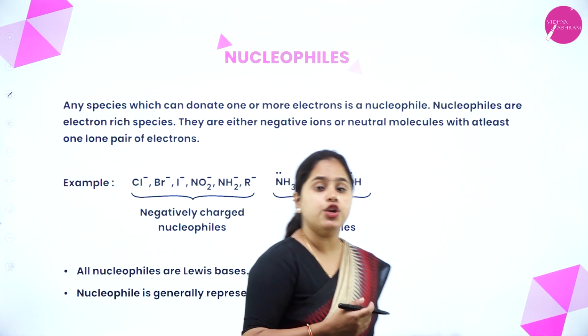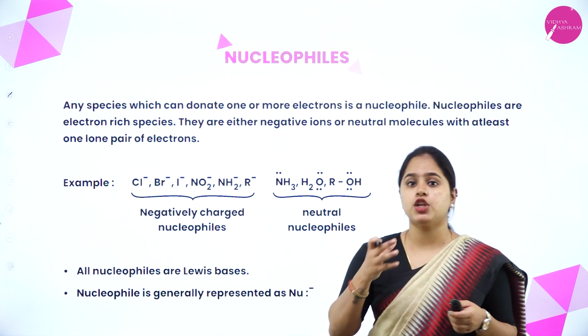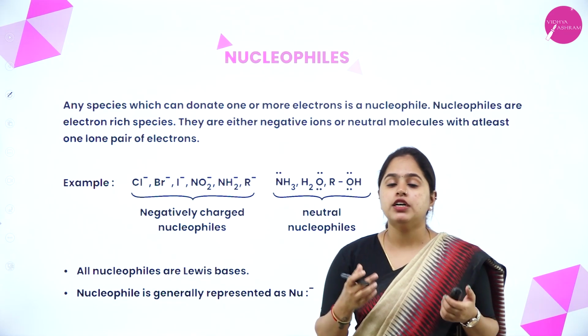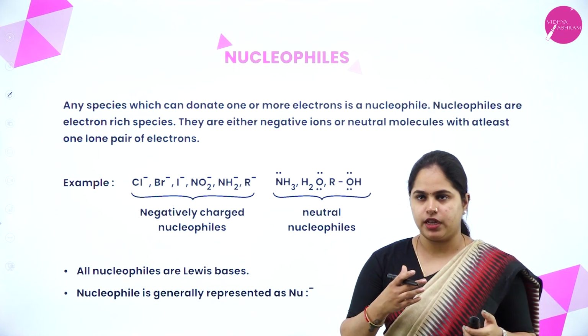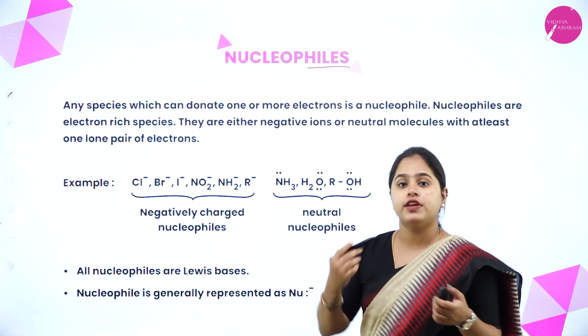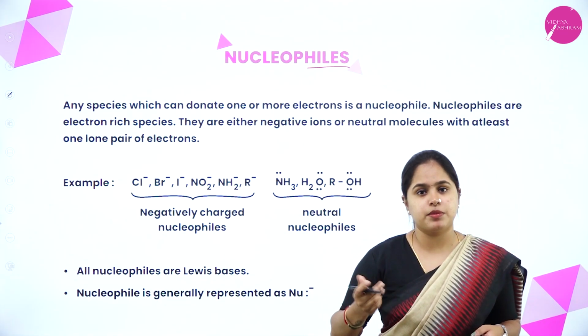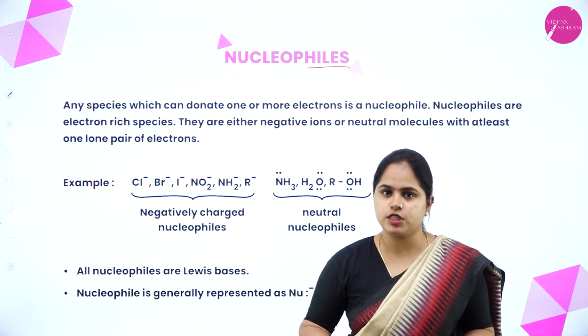So what are nucleophiles? From the word you can see nucleo and philes. Phile means loving. The word phobia means you are having fear of something, and phile or philia means love for something. So nucleophiles are nucleus loving species.